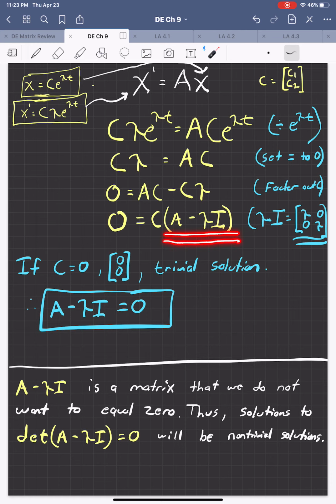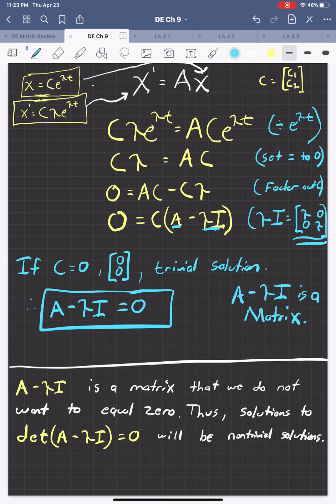Now, the next thing I need you to understand is that this is a matrix minus a matrix, so A minus lambda I is a matrix. See if you can follow me down here.